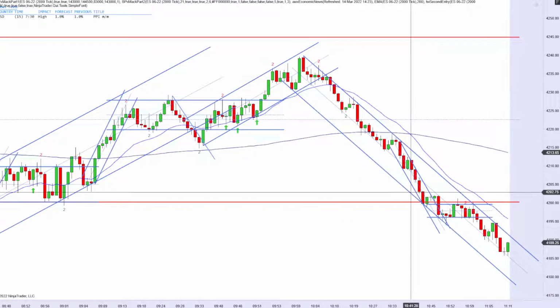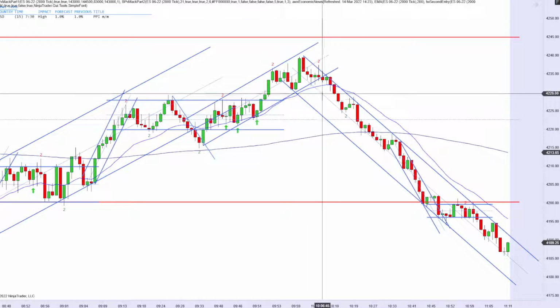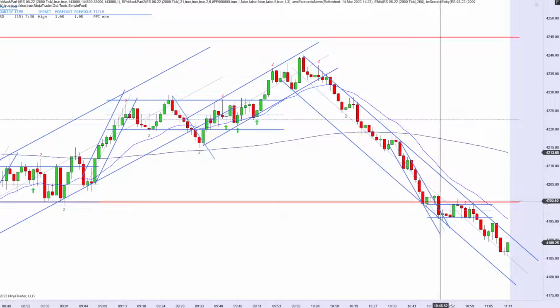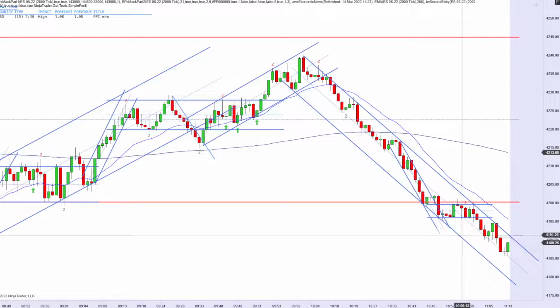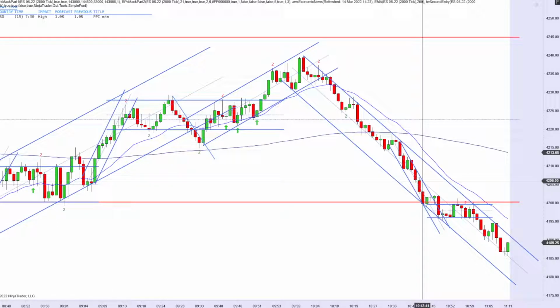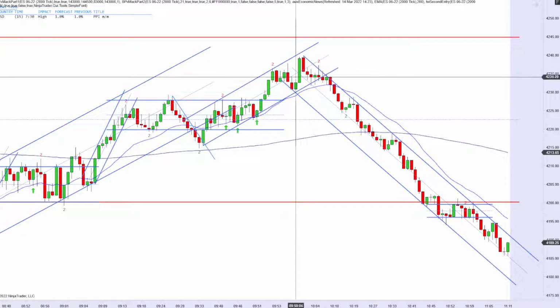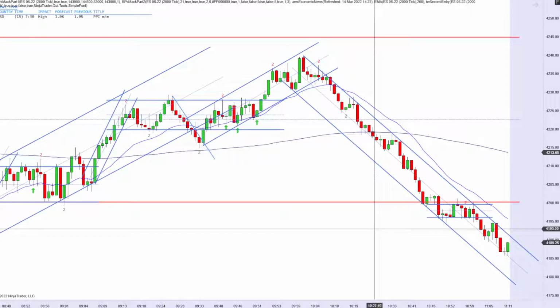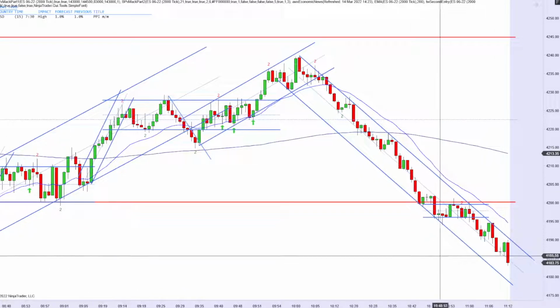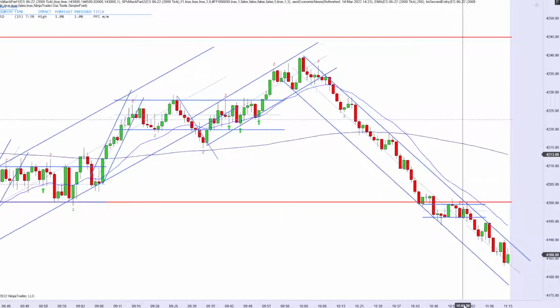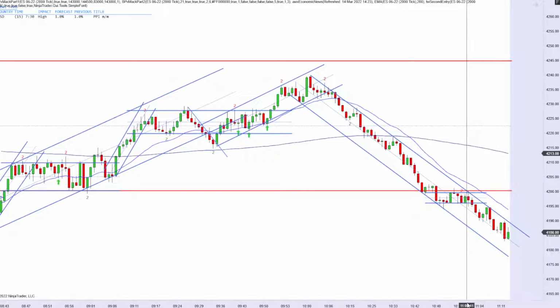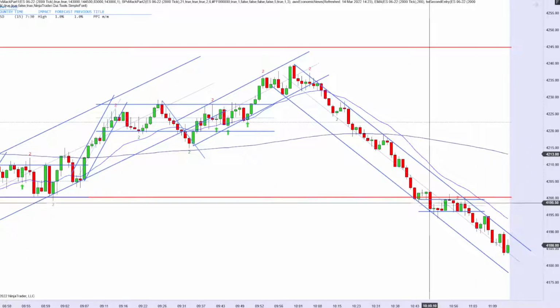Nice touches off the top, a few touches off the bottom. This midline is holding nice. So I like this one a lot better. I like this overall nice downtrend a lot better. And that's nice and established. At this point it would have been confirmed. We would see, yep, that's definitely the channel.